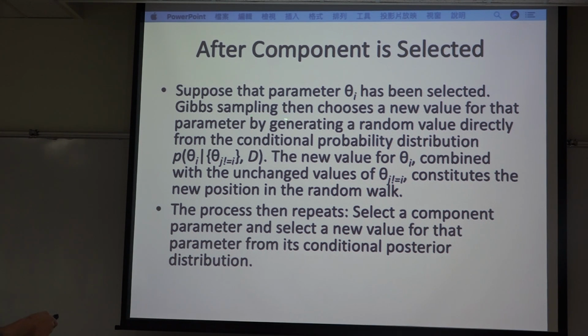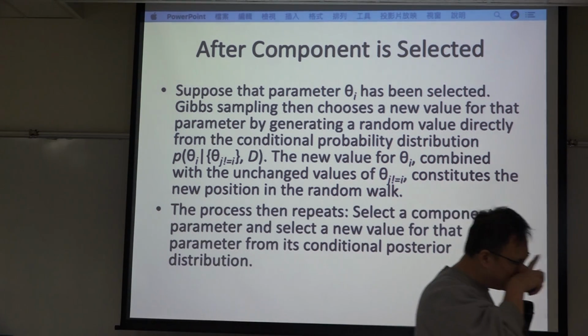Gibbs simply chooses a new value for that parameter by generating a random value directly from the conditional probability distribution P of theta i, conditional not only on D but also on the other thetas. So all the other thetas are fixed.